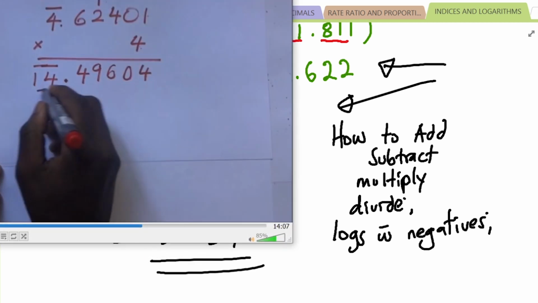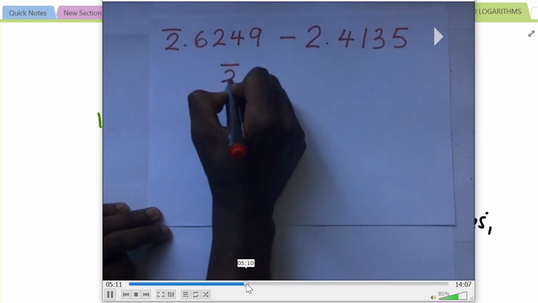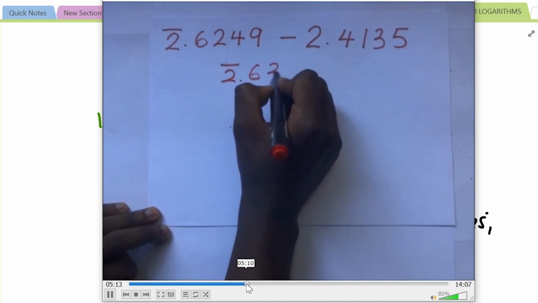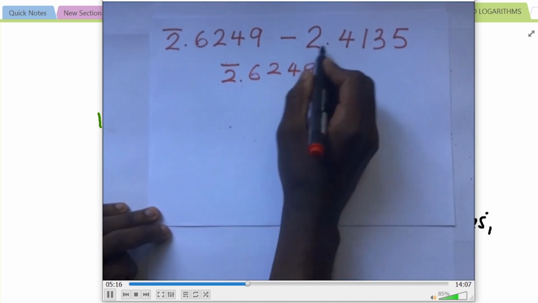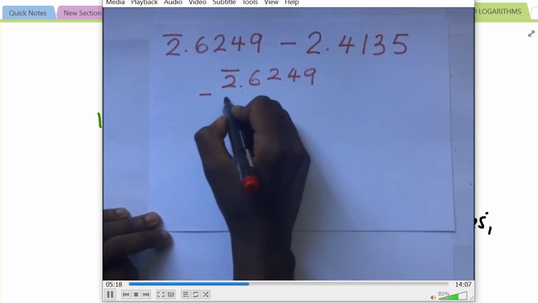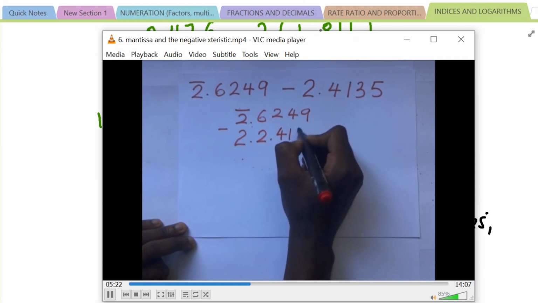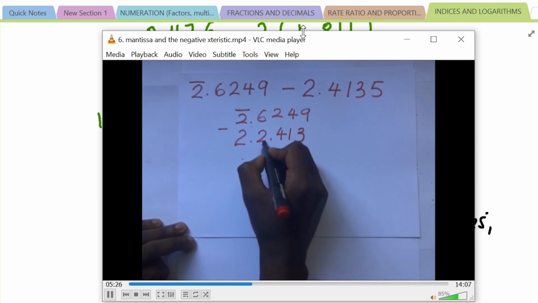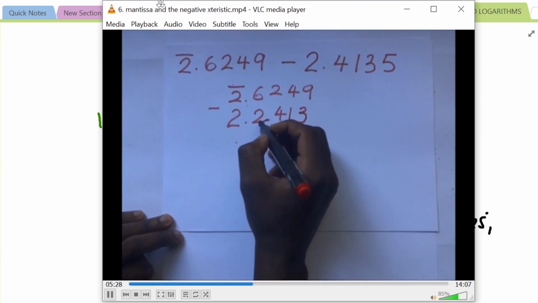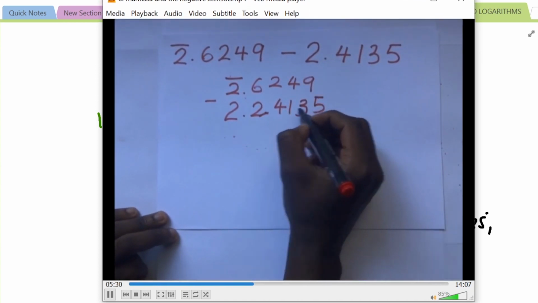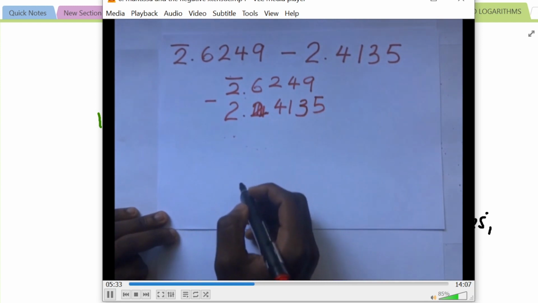Here it is. We shall say it is 2.6249 minus 2.4135.